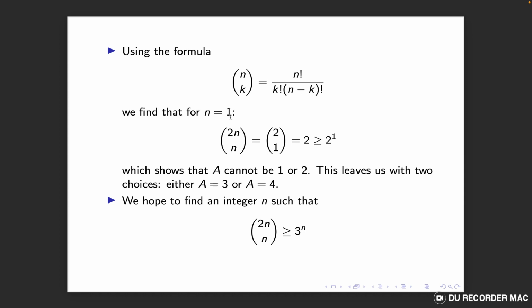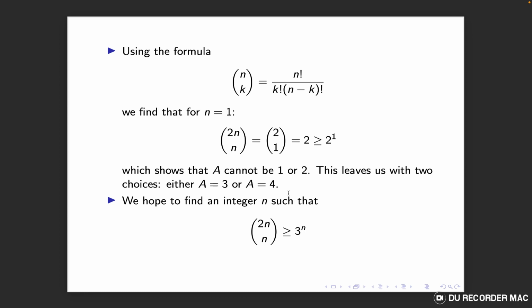So when we plug in n equals 1, 2n choose n will be 2 choose 1, which is 2. This is greater or equal than 2 to the power 1. And this tells us that the nth root of this, which here is the first root, cannot be strictly bounded from above by 1 or 2. So therefore, in other words, a cannot be 1 or 2.